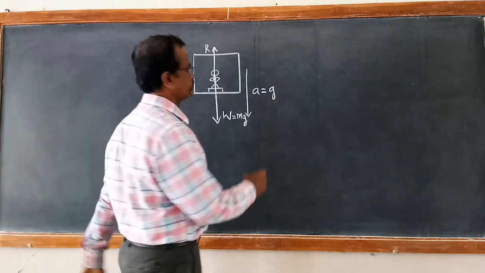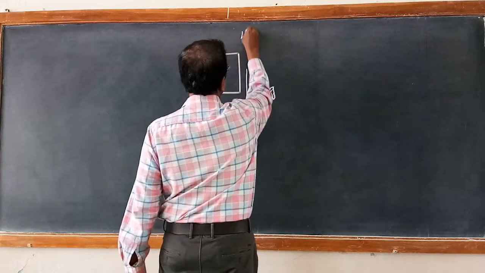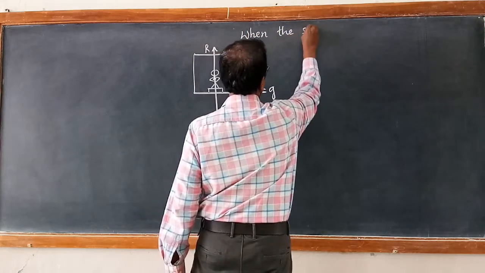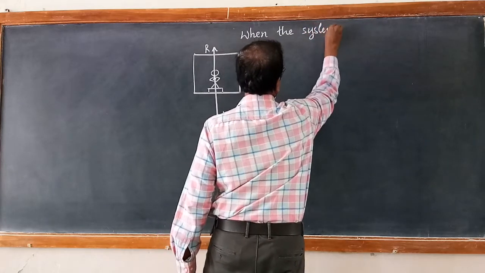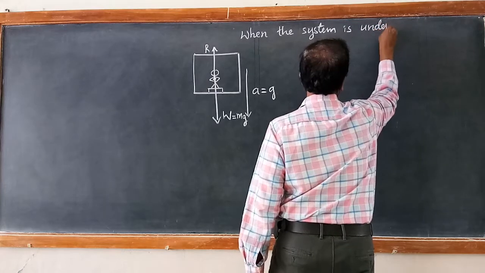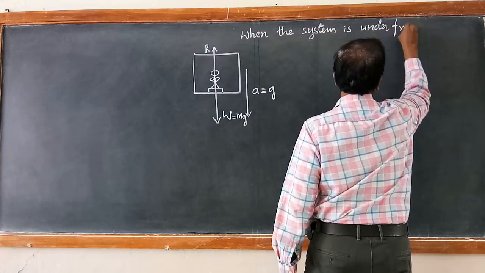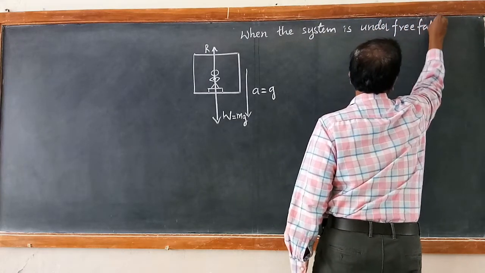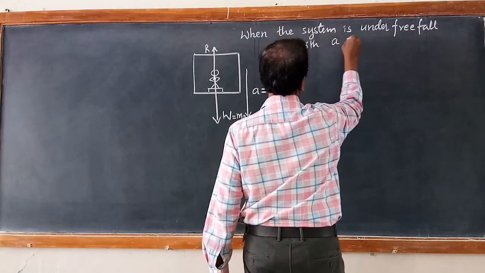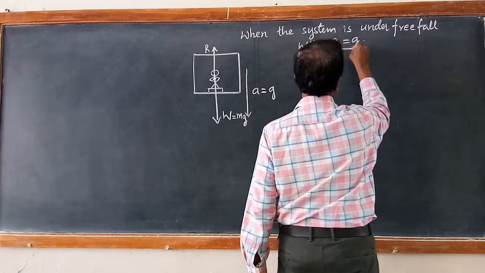Now you write the equation for net force when the system is under free fall, with acceleration a equal to g.